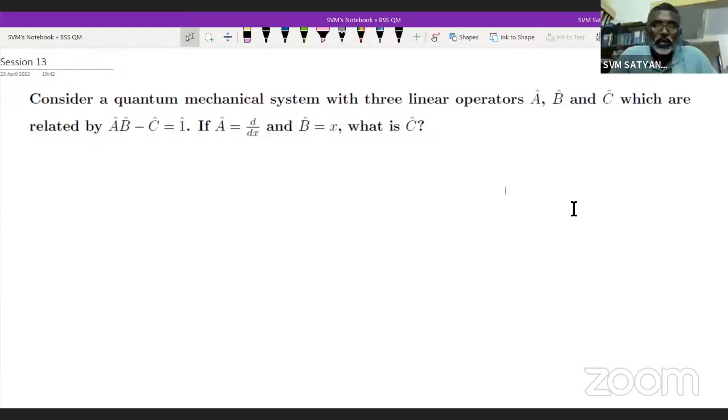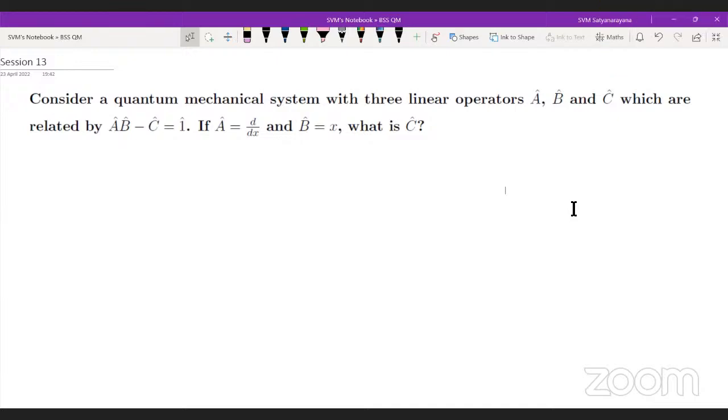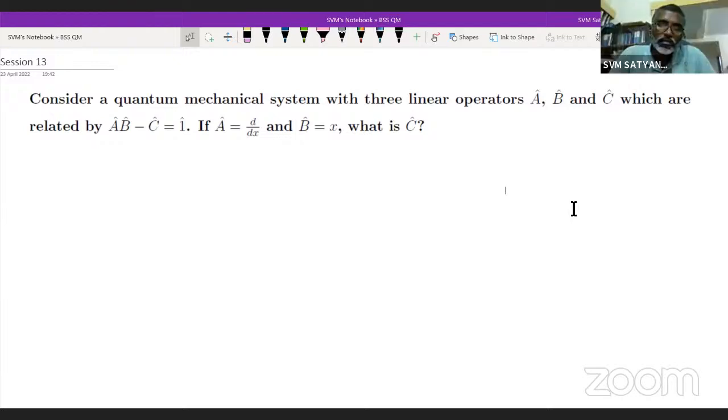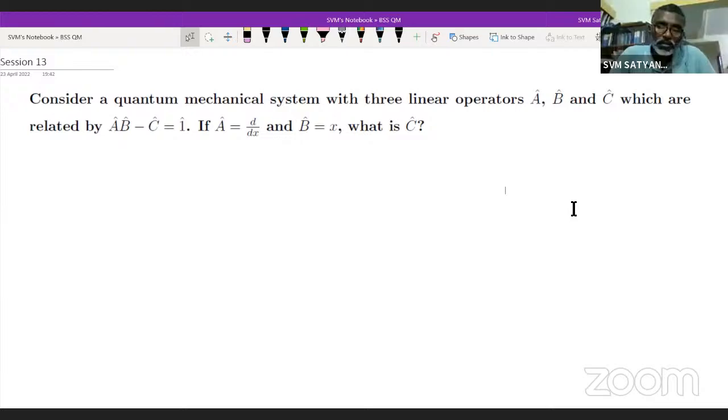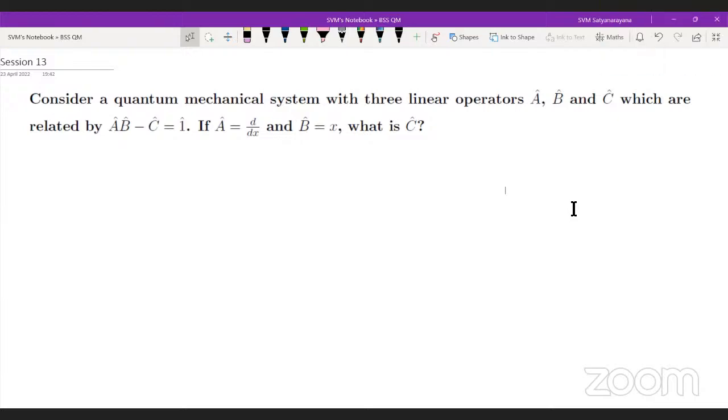No, that is fine. But you are thinking of directly substituting. What is the second way? You said you have two ways. Yes, sir. One way is direct substitution. Another one, I'm using the commutator method, sir. But here, just the operators are given, sir.